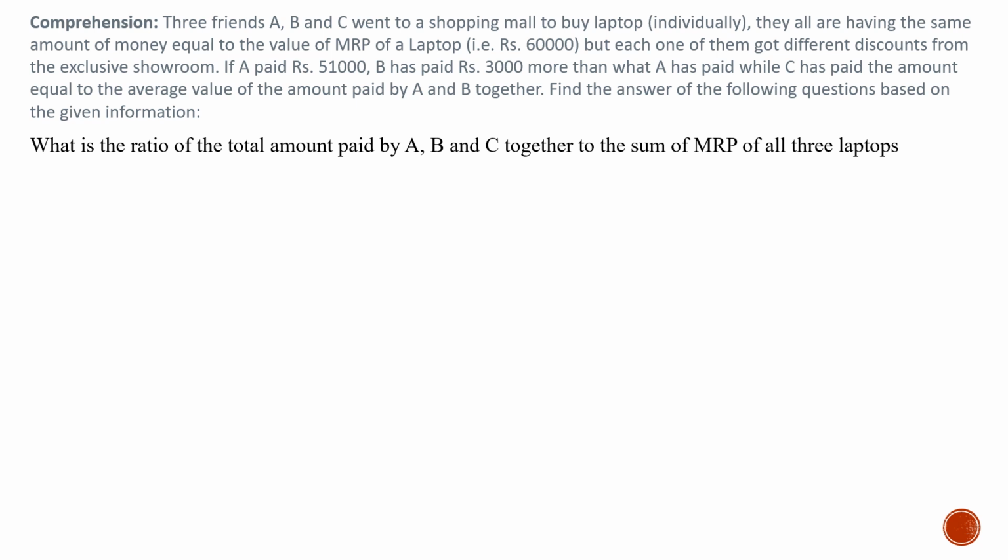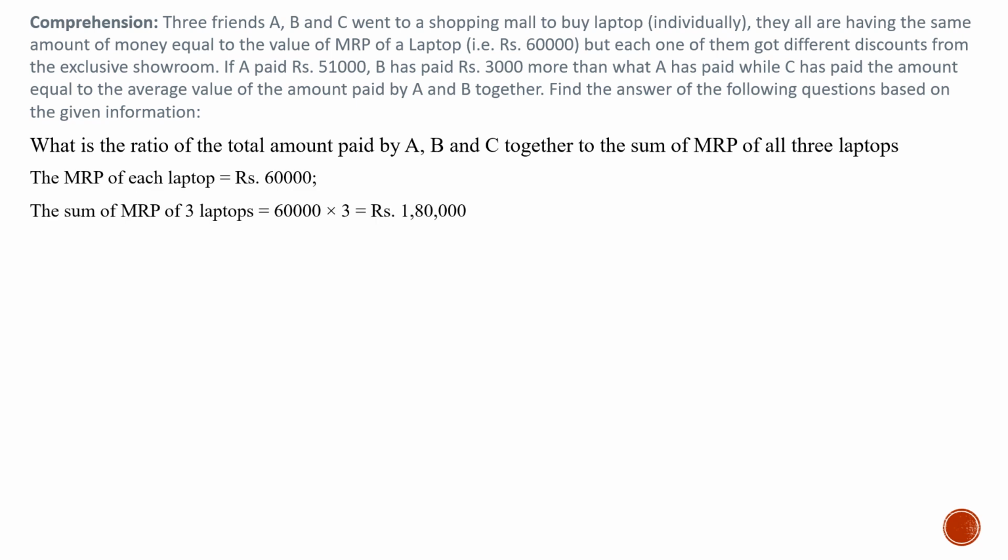What is the ratio of the total amount paid by A, B and C together to the total sum of MRP of all three laptops? Now, what is the total MRP of all three laptops? MRP of one laptop is 60,000. So MRP of all three laptops will be 60,000 into 3, 1,80,000. Now, the amount paid by A is 51,000.